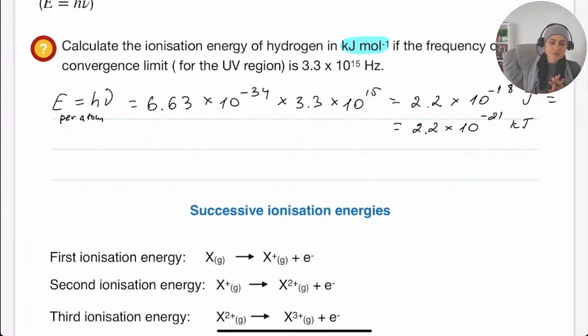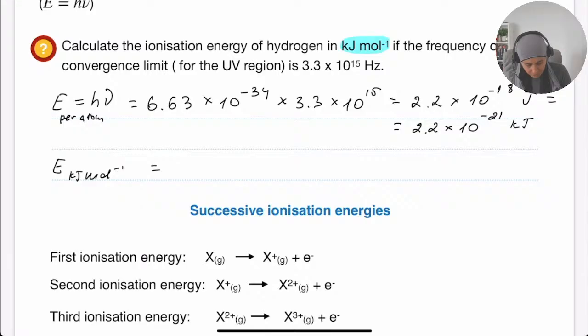And then how do you convert it to kilojoules per mole? If this is the energy you need to remove one electron from one atom, then the number of kilojoules you need to remove a mole of electrons from a mole of atoms would be this energy times Avogadro's constant, which we haven't studied. But in this IB, the order in which we study topics is really funny. So I just followed the syllabus.